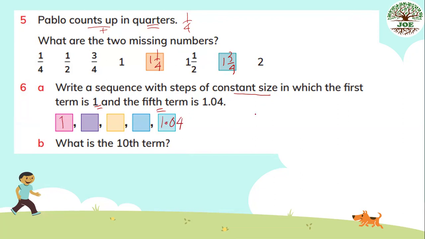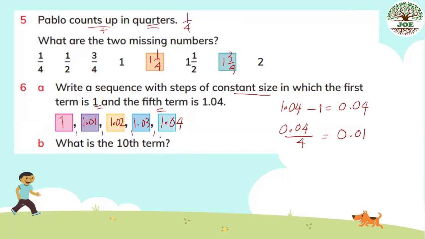So just like before, we take the difference between them. 1.04 minus 1 is 0.04. There are 4 gaps, 1, 2, 3, 4. So we divide 0.04 by 4 and get 0.01. So our second term will be 1.01, then 1.02, 1.03, 1.04.